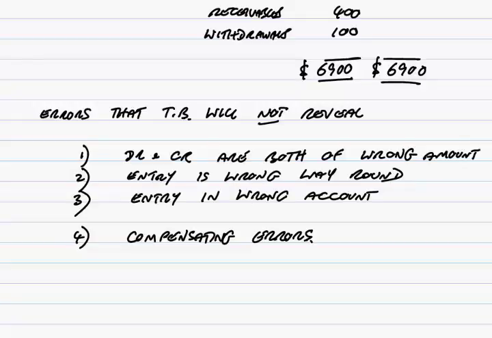And so the trial balance isn't going to reveal that. If the trial balance balances, you think it's perfect. If it's $1 or $2 different, it's perfect enough. But the danger is there could be two or more big errors where the net result is very small. That's a compensating error.